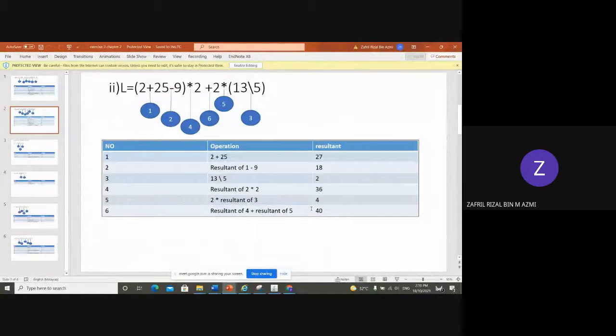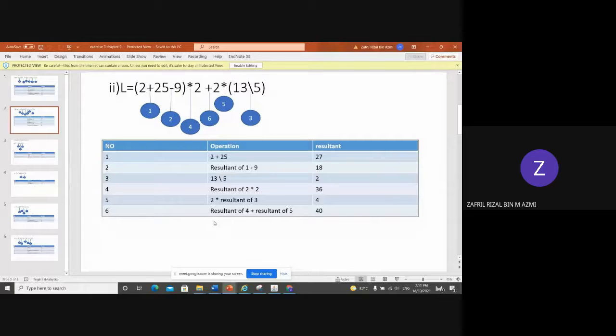Alright, it is correct, but you're still missing some marks here, maybe 0.5, maybe 1 mark, because you didn't state the final process to store the resultant of 6.